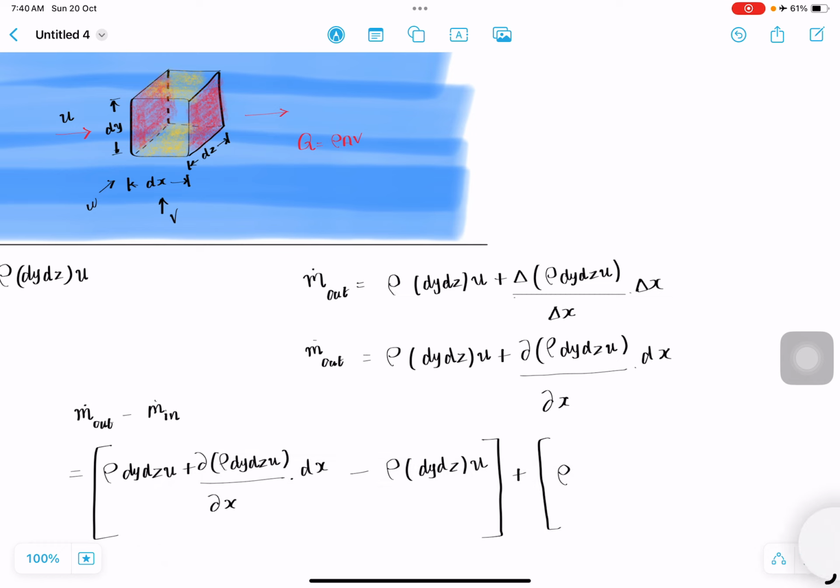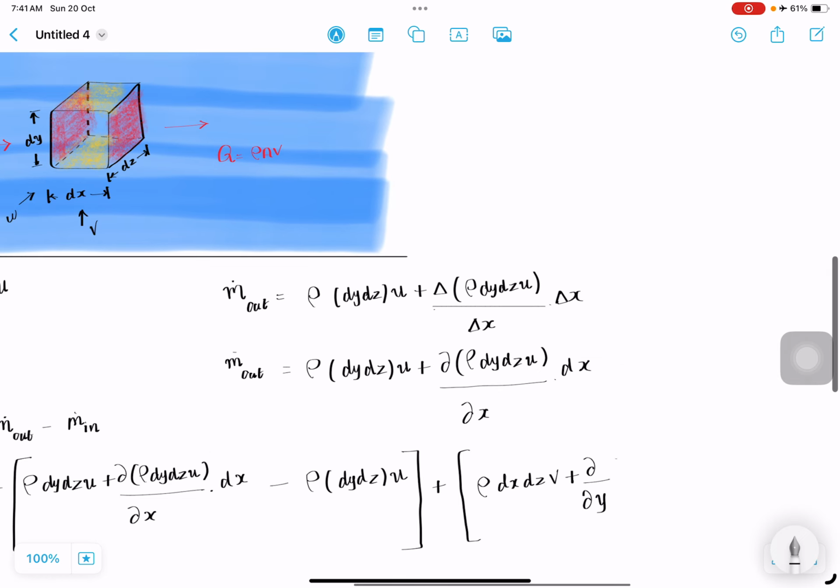So it's going to be rho into dx dz, the shaded yellow area, and the velocity with which the fluid is coming in is v, plus dou by, of course, the change is happening along the y direction, dou by dou y into rho into dx into dz into v, whole divided by, multiplying and dividing by dy.